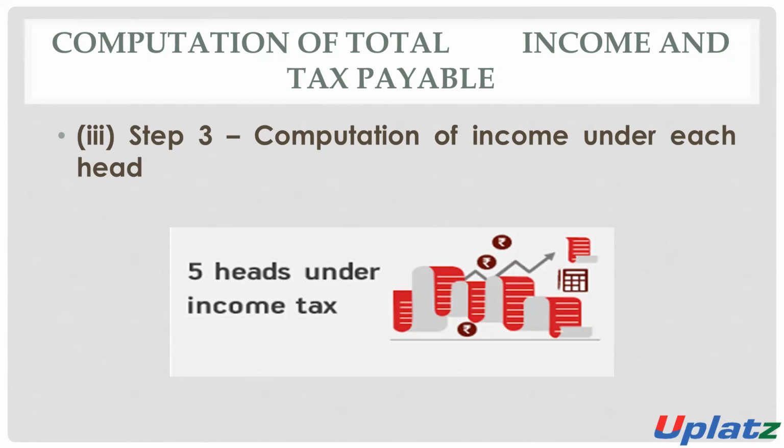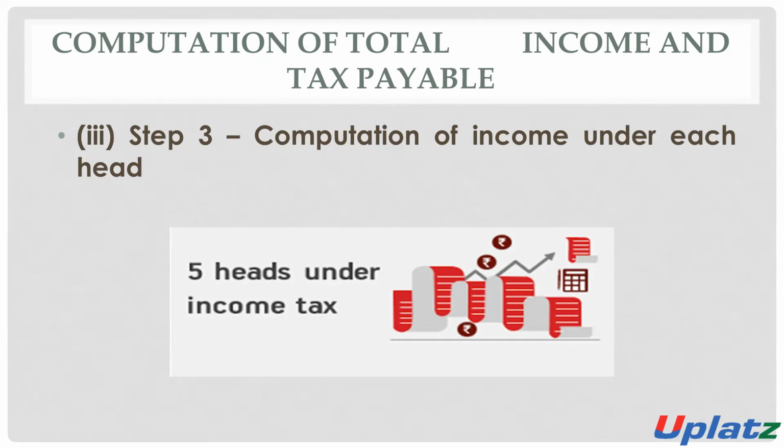In the second step, we will classify the income under the respective head. Salary income will be calculated under the salary head. Business income will be taxable under the PGBP head. Capital gain, if any, on the sale of any capital assets, we will classify under the head of capital gain.